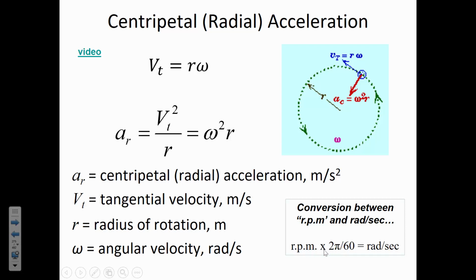So just multiplying by 2 pi would give you radians per minute. And if you want radians per second, then you have to divide by 60 because there's 60 seconds in a minute. So combined together, the conversion between RPM and radians per second is multiply by 2 pi, then divide by 60.